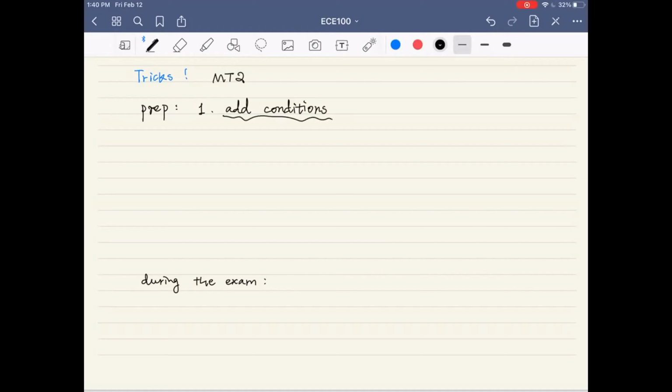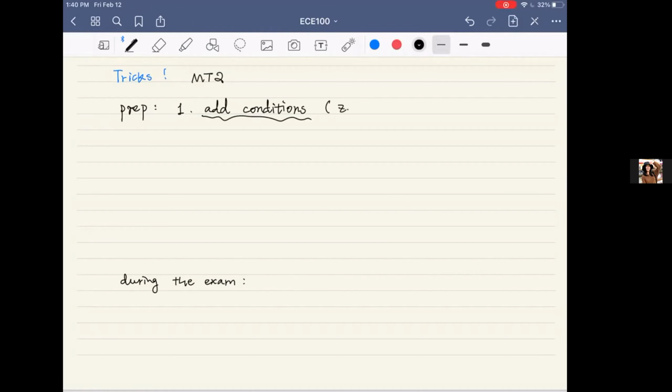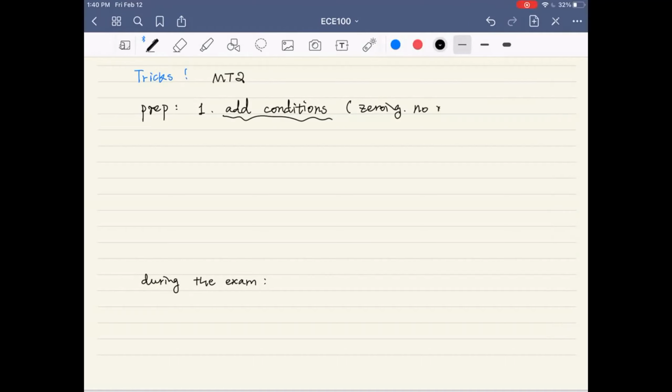For example, when we use the zeroing technique, we said that only when there is no dependent source can we use it, right?